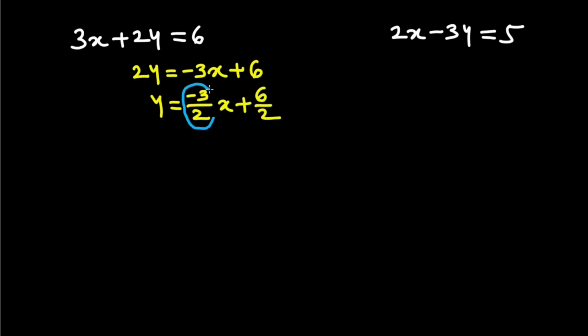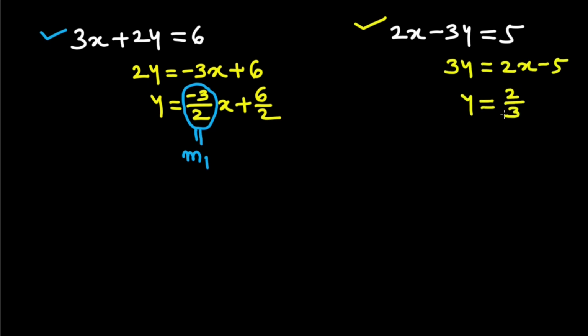Minus 3 by 2 will be the slope m1 of this line. The second line can be written as 3y equals 2x minus 5, y equals 2 by 3 x minus 5 by 3.